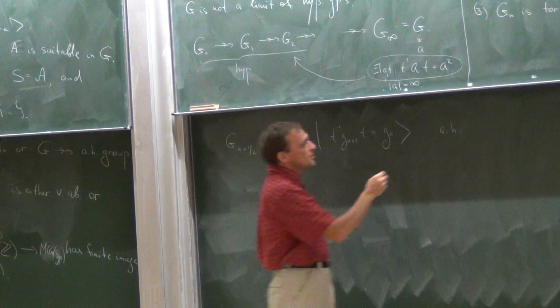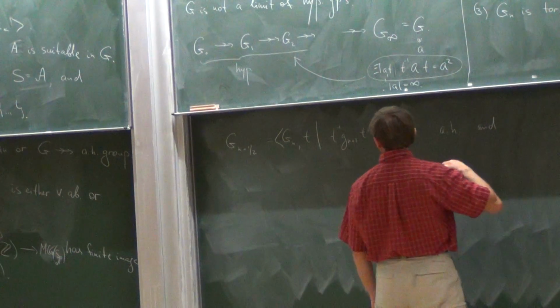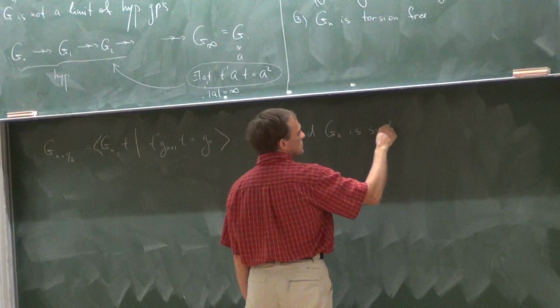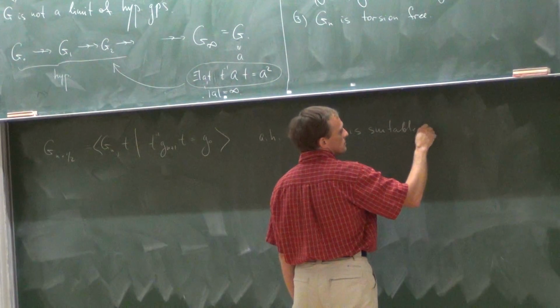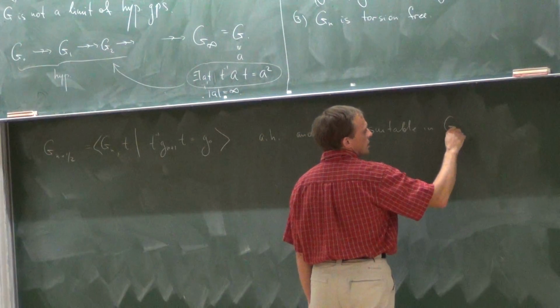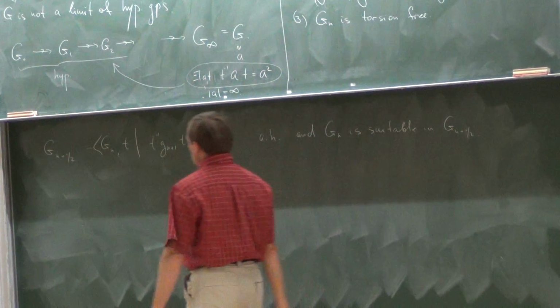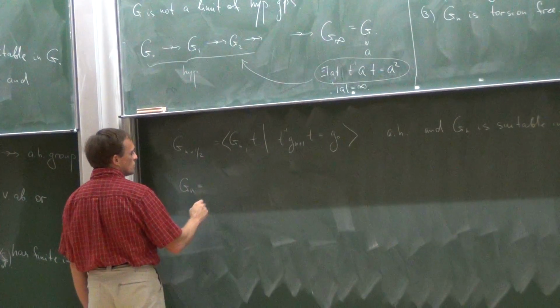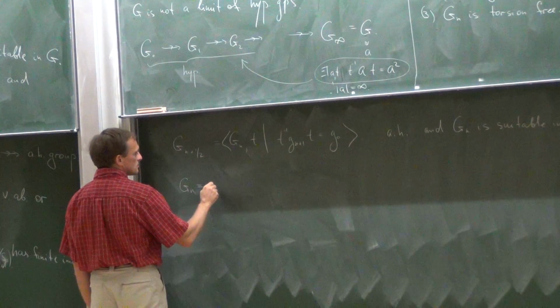So it's acylindrically hyperbolic, and the subgroup Gn is suitable in Gn plus 1.